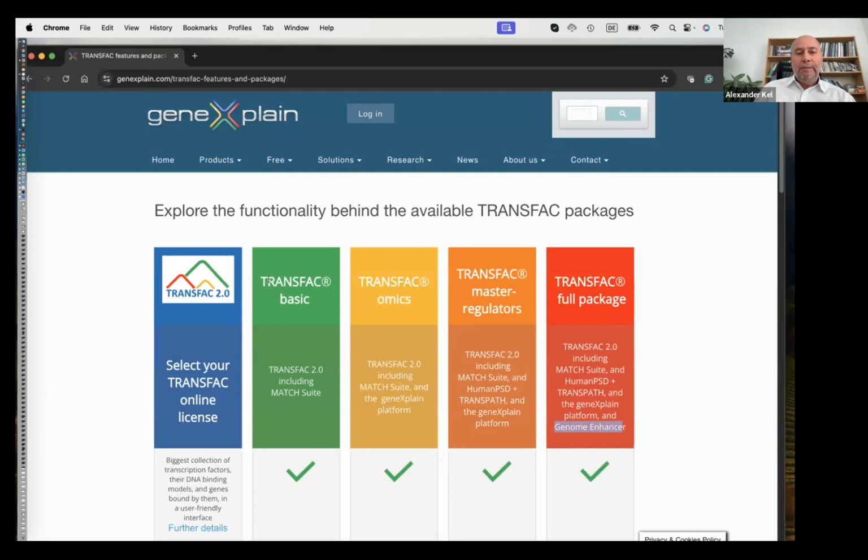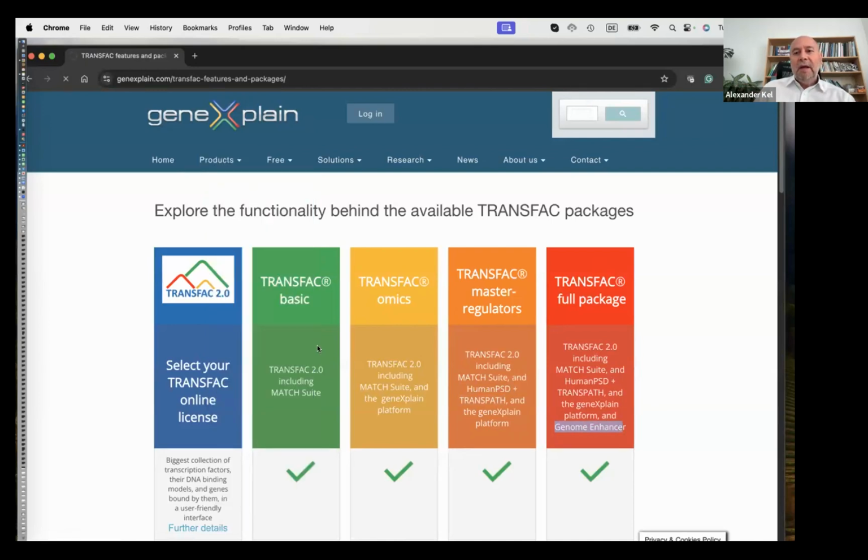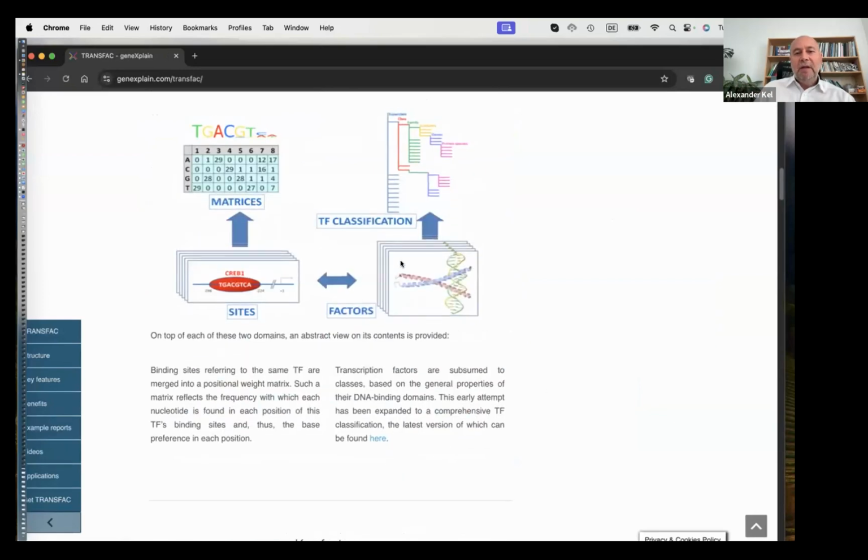But what you know best is the TRANSFAC database as it is, which is called TRANSFAC Online. It's about transcription factors and their sites in the genome where those factors are binding. A very important part of TRANSFAC is a collection of motifs, which are encoded in the form of positional weight matrices.